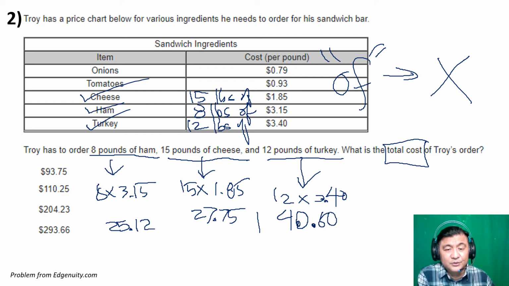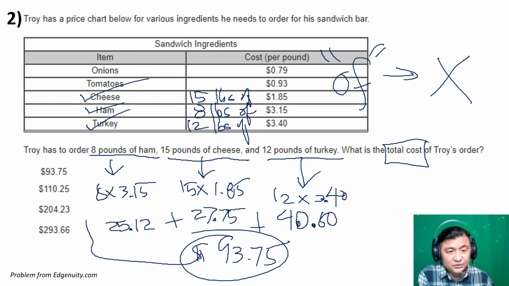Okay, so what do I do with all of these three? I add them up. Get your calculator. 25.12 plus 27.75 plus 40.80. You will get $93.75. That's the total cost. So this is our answer.